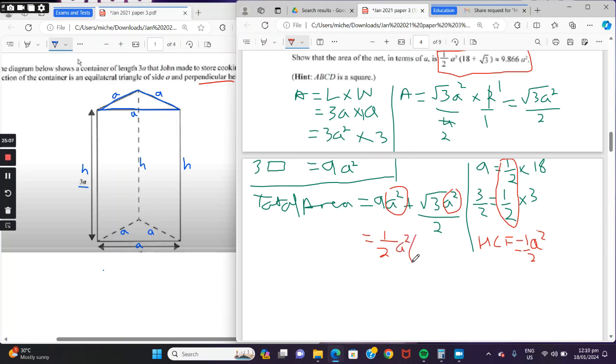Those of you who learned a little factorization may know what to do. Then you say, 1 multiplied by a half a squared will give you 9a squared. Well, a half of 18 is 9, and you don't have to put anything else because a squared by 1 will give you a squared. So you don't have to put any letter next to 18.